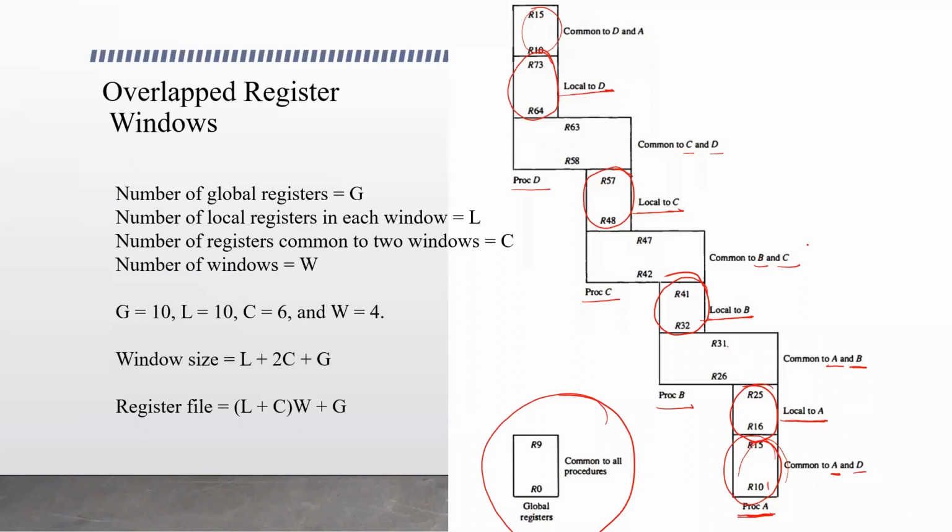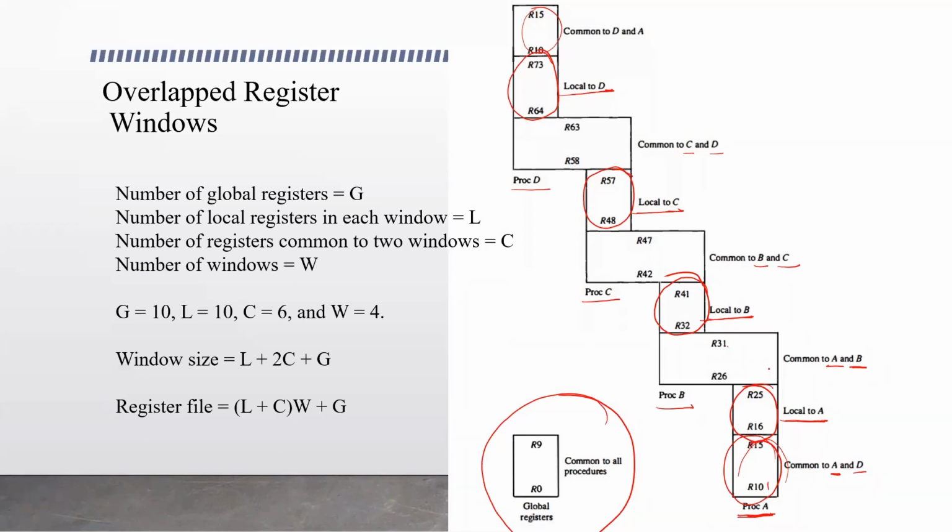So when procedure A calls procedure B, how can this procedure call be simplified here? We discussed that before a procedure call, the data local to that particular procedure needs to be stored, and passing of parameters also needs to be done.